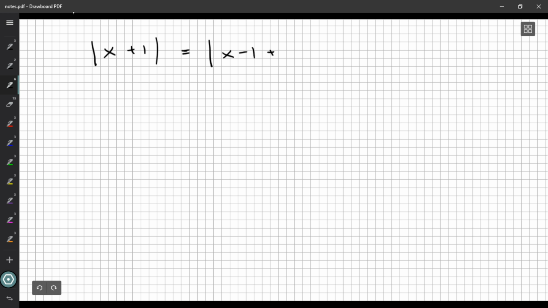I could get out an x minus 1 from here. That seems nice. Now, is there a way to just split this up? Well, unfortunately, absolute values don't distribute over addition. And that's not a guaranteed thing.